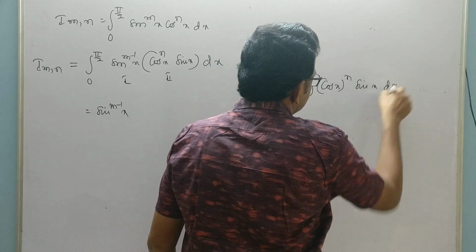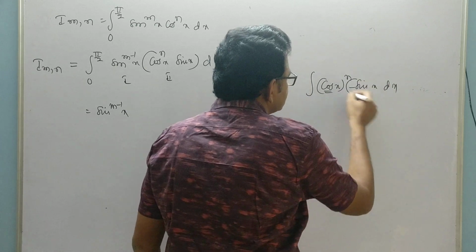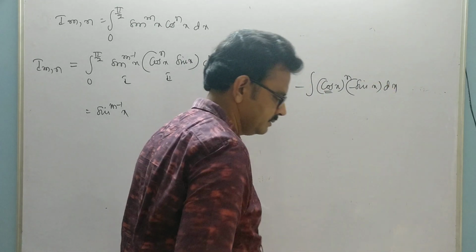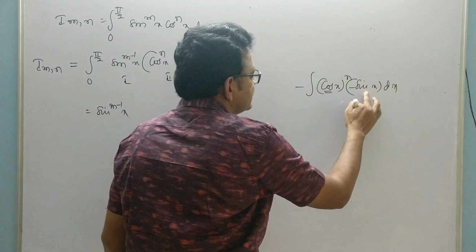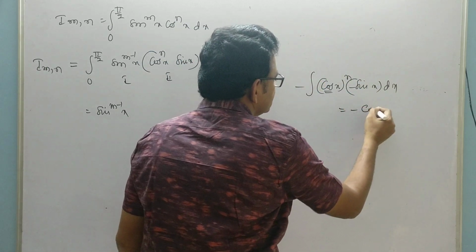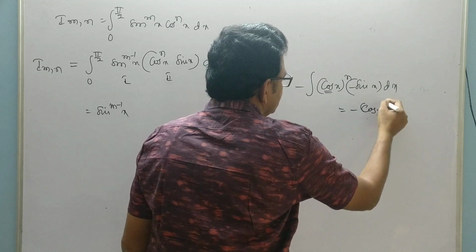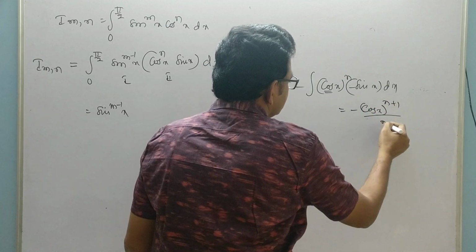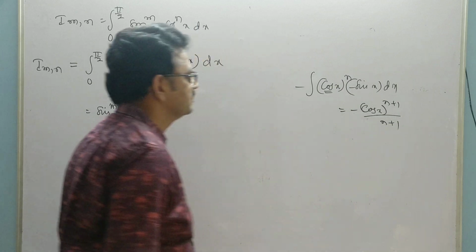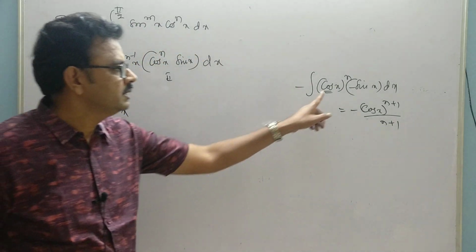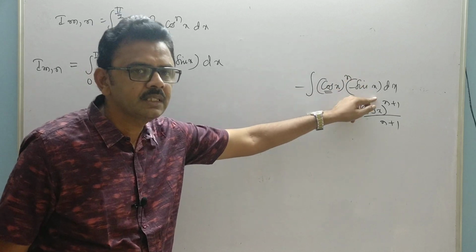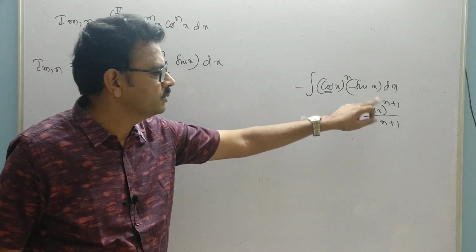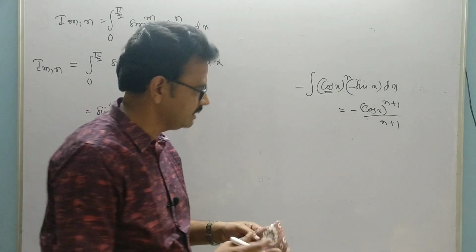The derivative of cos x is minus sin x, so I can put minus and minus. Now this is of the form f(x)^n into f'(x), which equals minus cos^(n+1)x by n+1 plus c.